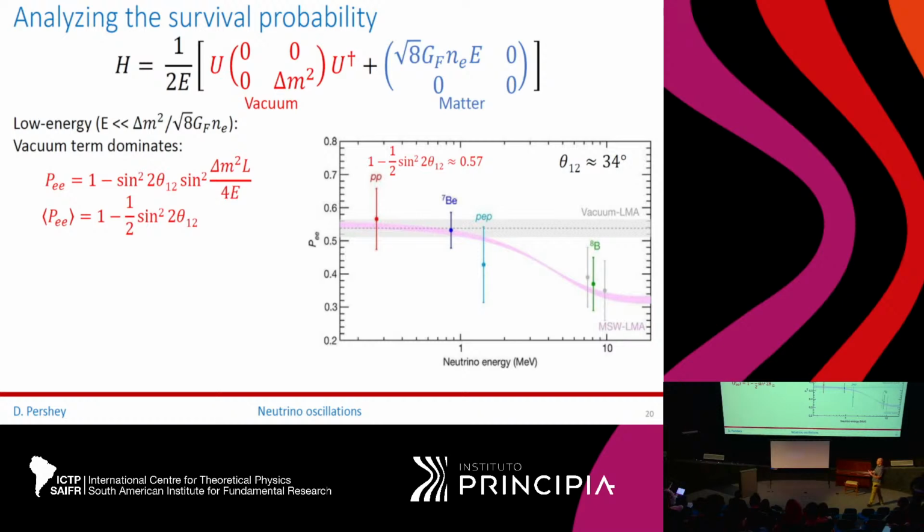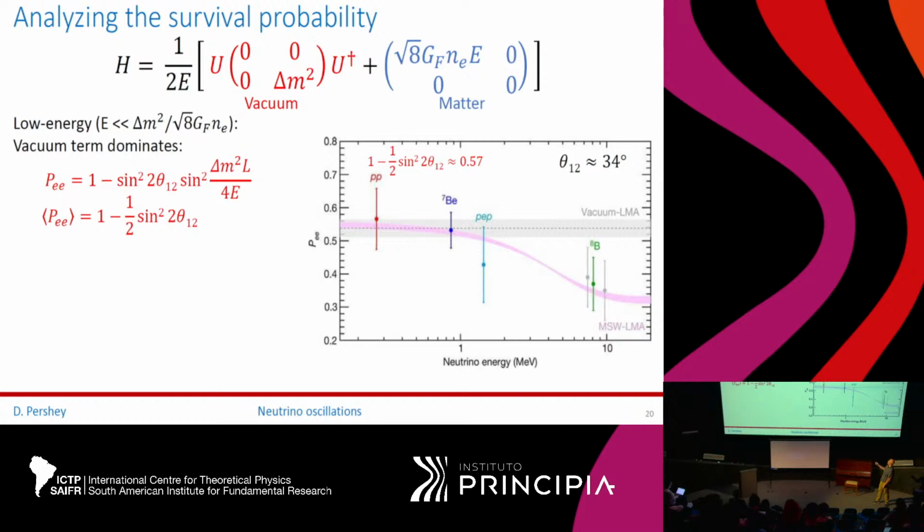So that means that now the physical states of the Hamiltonian, the actual particles that are being produced and propagating, are going to be exactly the free Hamiltonian states, that is to say the normal mass states. And that happens when this energy is less than delta m squared over root 8 G_F n_e.